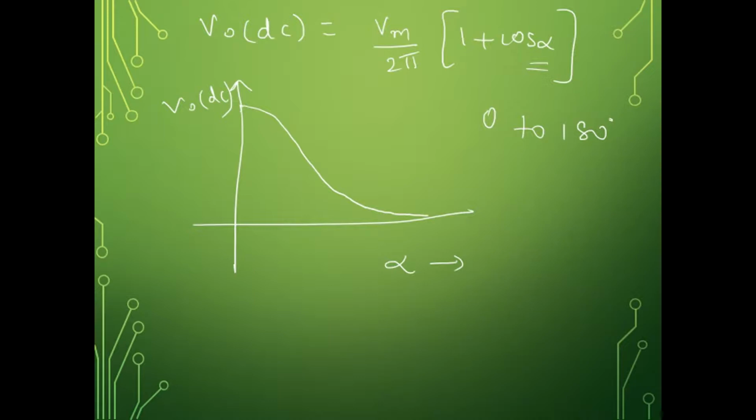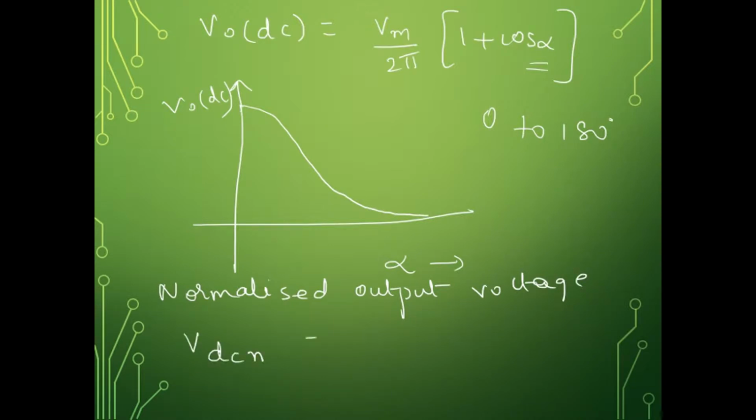Okay, next we have the normalized output voltage. Normalized output voltage, which we write as VDCN, is the ratio VDC divided by VDC maximum.